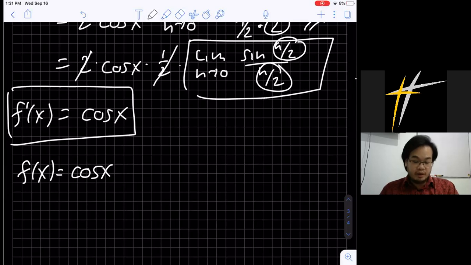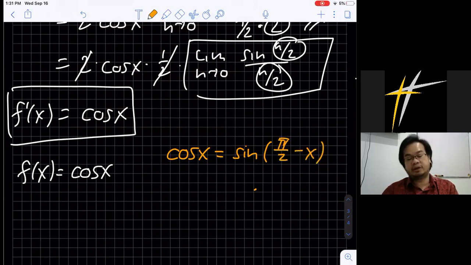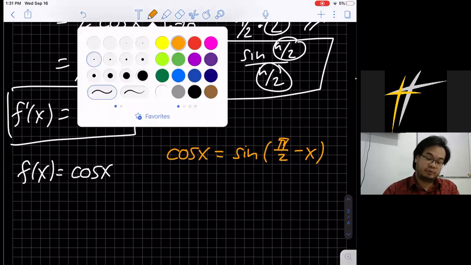Now, if f(x) is equal to cosine x, then using the formula again, cosine x is equal to sine of (pi over 2 minus x). You can check with the formula on the back page of your book if you don't believe me.